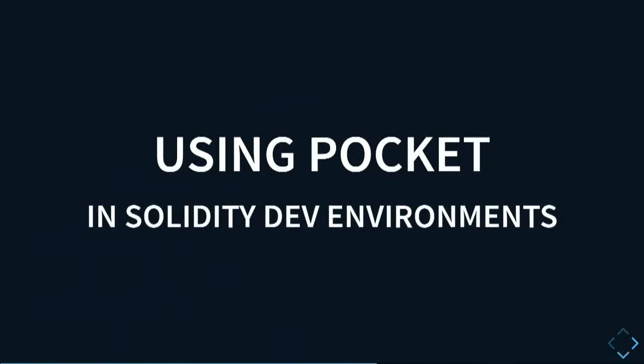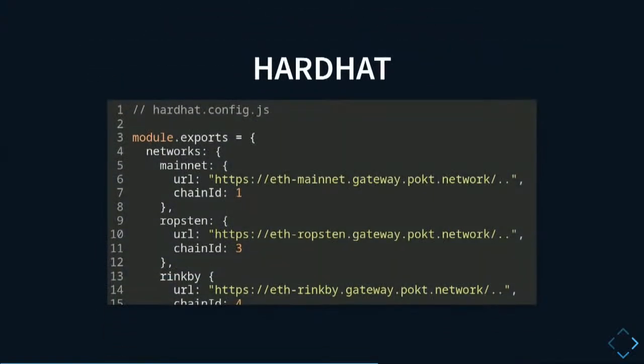So how do you use it? We'll get started with just your basic Solidity development environments. In Hardhat, if you're in your Hardhat config.js, it's as simple as using the Pocket Network URLs from the portal in place of where you are. So for example, the mainnet is the mainnet URL that you would get from the portal.